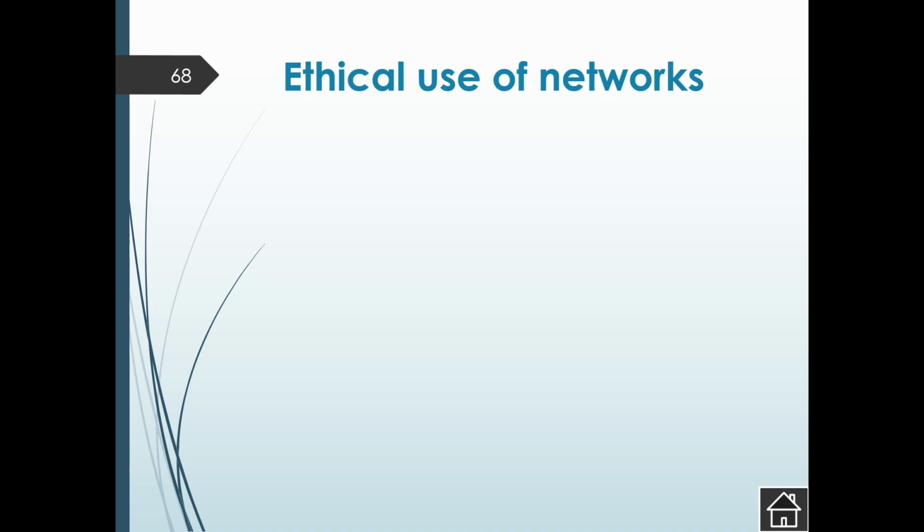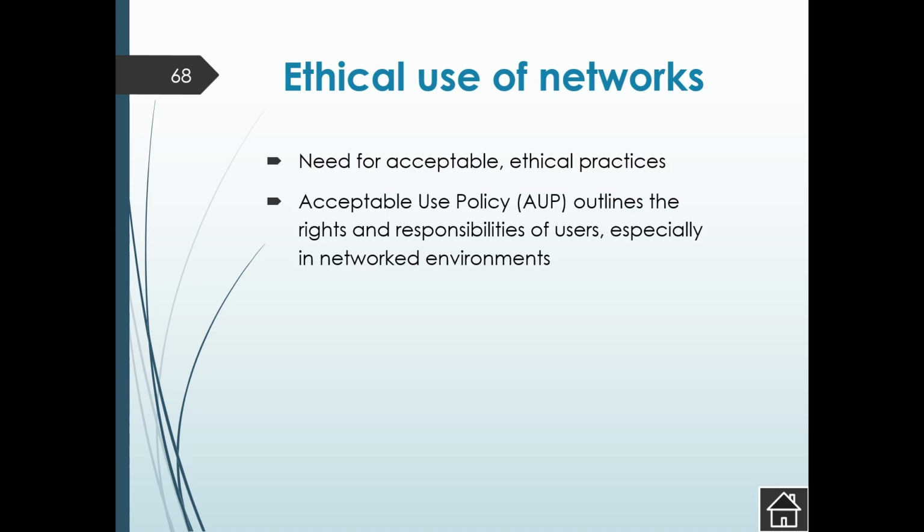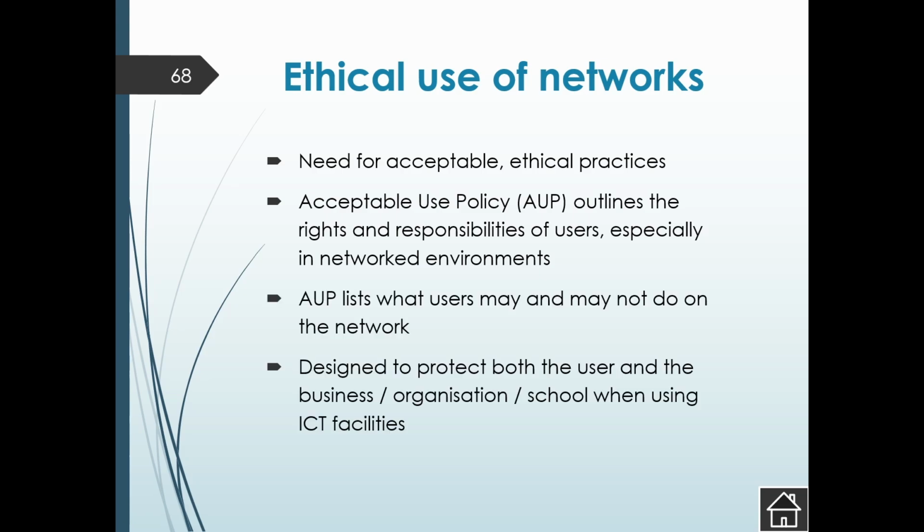The module then ended with the ethical use of networks, right? Ethical practice. In other words, how to use what you have responsibly. Okay, and this is where an acceptable use policy comes in. So know what an AUP is, know what it does, know how it can actually help within a network.